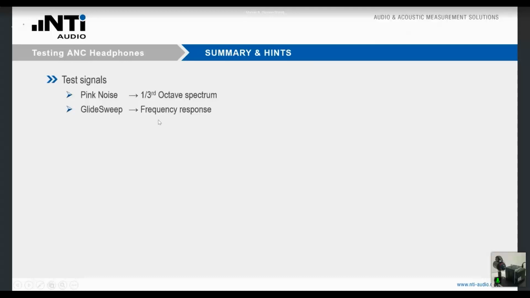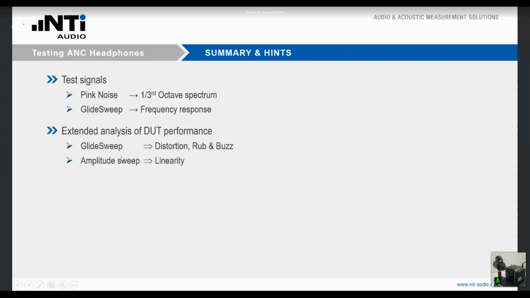Talking about the glide sweep, this is a very powerful analysis method, because you can even add more results to your measurement. You can measure the distortion, you can even measure rub and buzz, audible defects of the loudspeaker in your headphone, all in one single run, in one single test with this glide sweep signal.